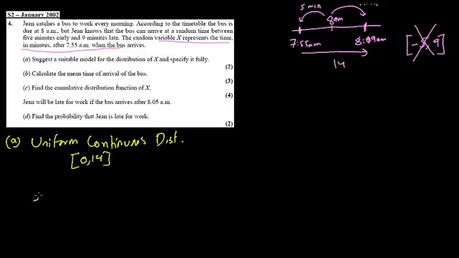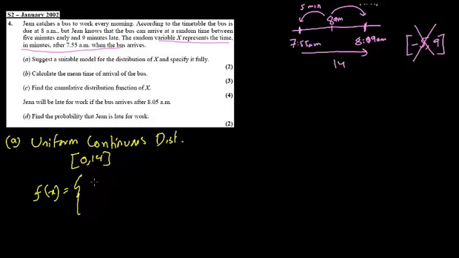So the proper range of the random variable is from 0 to 14. The suitable distribution is a uniform continuous distribution, properly defined on 0 to 14. You have to write it fully as the PDF.